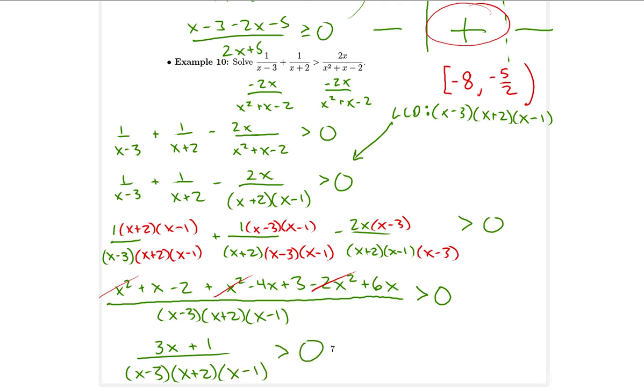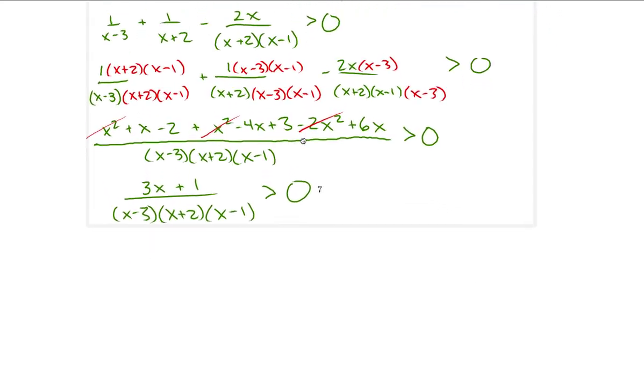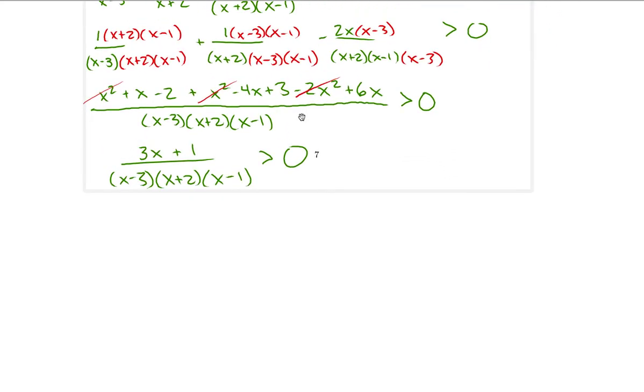All right, so now I just need to make my sign chart, and I'll be on my way here. So we have a zero at x equals negative 2, a zero at x equals 1, a zero at x equals 3, and then for this one, if you stick in negative 1/3, that'll do the trick. So our chart looks like this: negative 2, negative 1/3, 1, and 3.